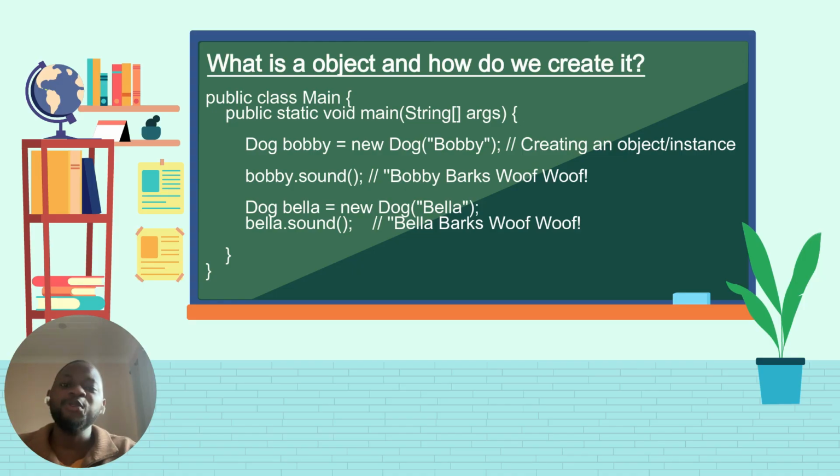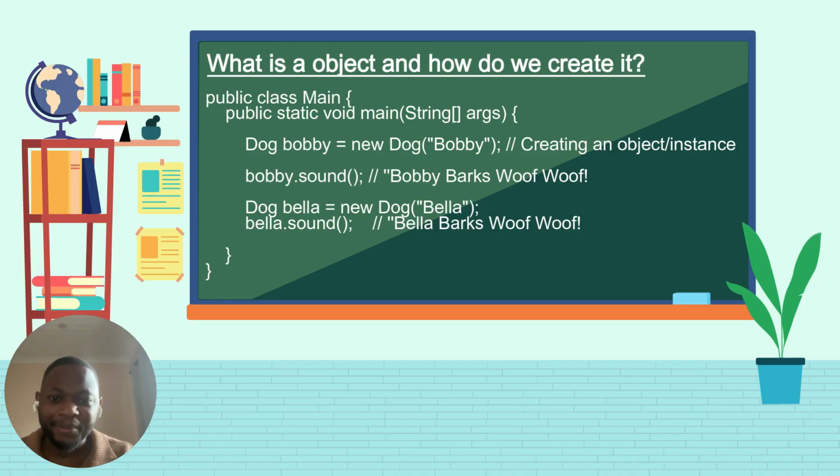As you can see here, we pass in Bobby as a string. Bobby will be the name of the dog, and below that we have bobby.sound. With the dot sound, we're invoking the method. We're calling the method, and when you call it, we should have Bobby barks woof woof printed out on our console.